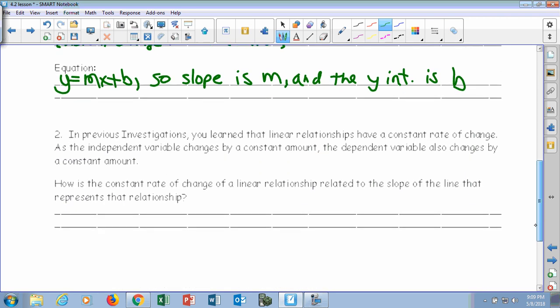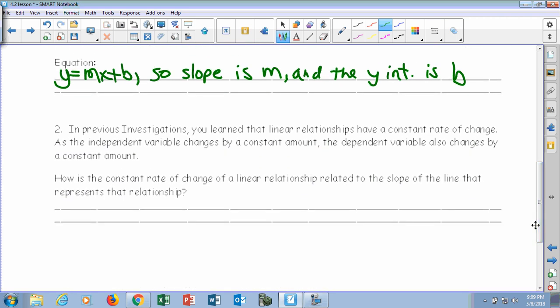And to wrap this up, in previous investigations, you learned that linear relationships have a constant rate of change. As the independent variable changes by a constant amount, the dependent variable also changes by a constant amount. The independent variable is another name for our x. The dependent variable is another name for our y value. A constant rate of change is another fancy word we use for slope.